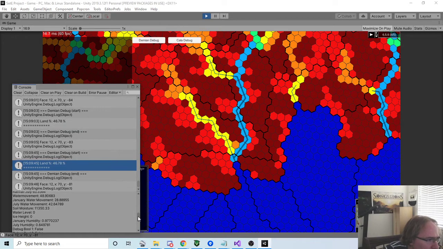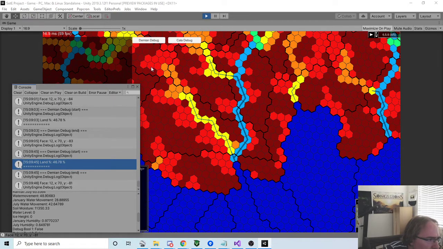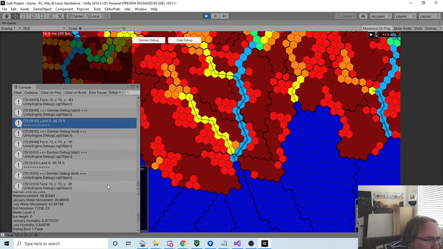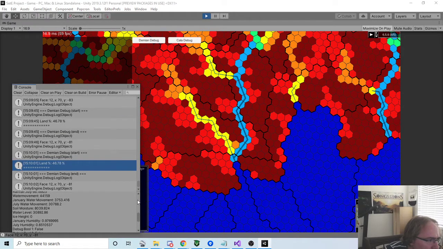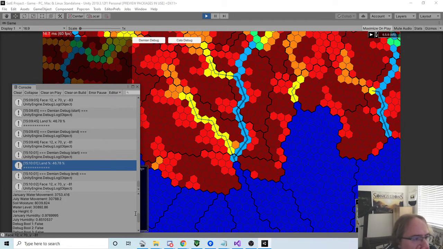Let me go to this tile. It's 11350. It's like it's not even being added or something. What? No, hold on. Try again. Yeah, soil moisture is 8,000. So we have more soil moisture where there is no water movement.